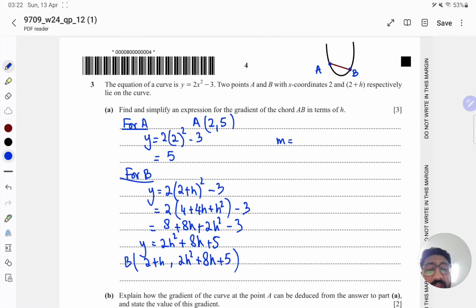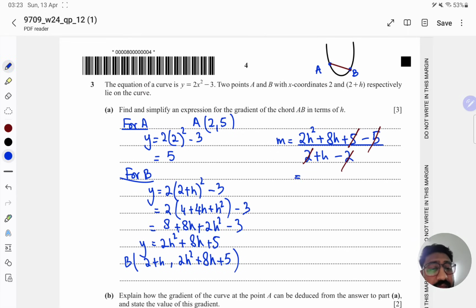Now since we were supposed to find the gradient, the gradient formula is y2 minus y1 over x2 minus x1. Let's plug in the values. 2h square plus 8h plus 5 minus the y coordinate for A, which is 5, divided by 2 plus h minus 2. Let's simplify. 2 and 2 can cancel, 5 and 5 can cancel.